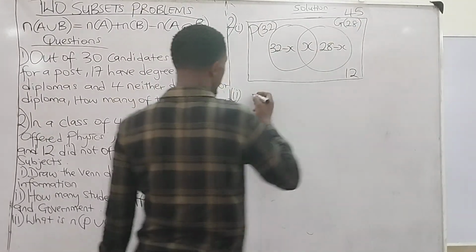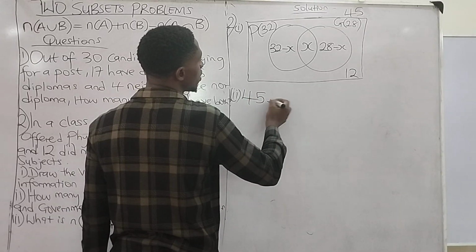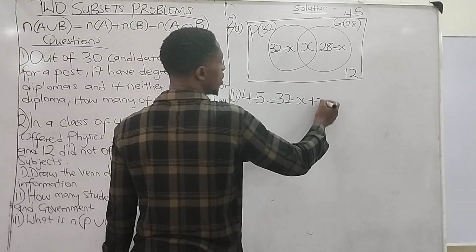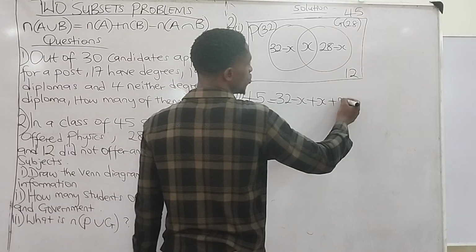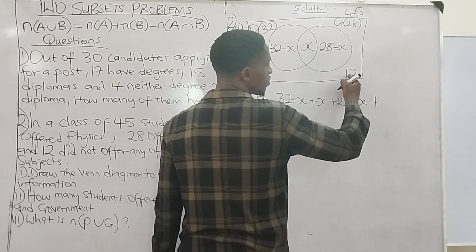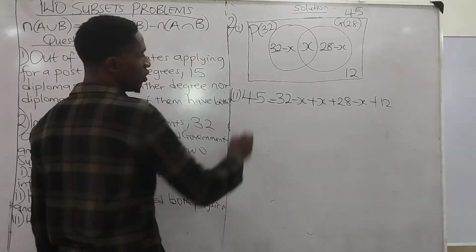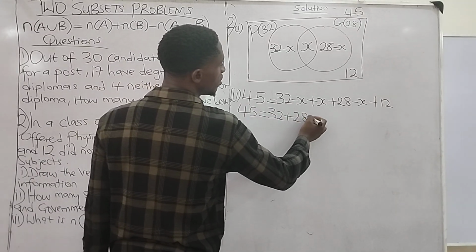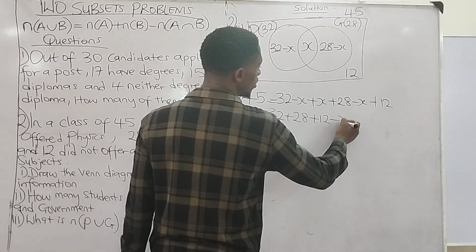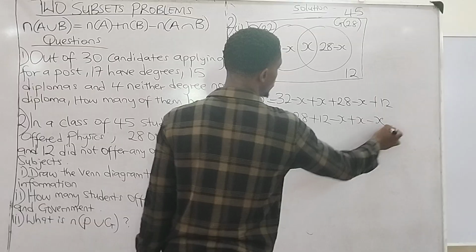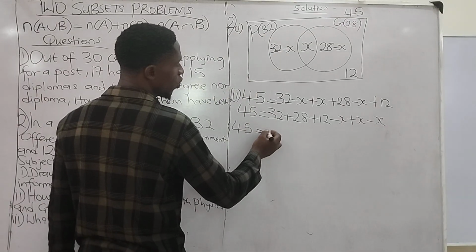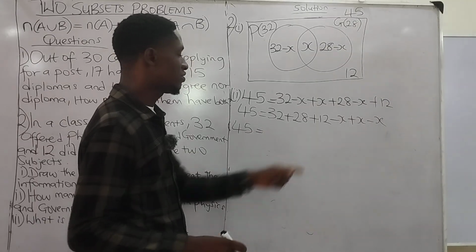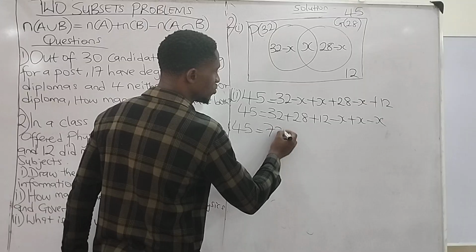The total is 45. We have 45 is equal to 32 minus X plus 28 minus X plus the neither 12. So let us collect like terms. We have 32 plus 28 plus 12 minus X plus X minus X. 45 is equal to 32 plus 28, which gives us 60, 60 plus 12 is 72.